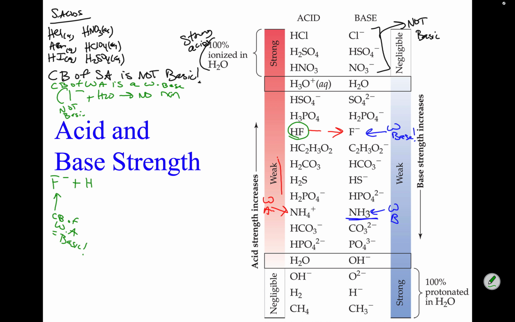So if it reacts with water, am I going to have a forward arrow or equilibrium? Equilibrium. And what does a base do? Accepts a proton. So what is F minus going to turn into? My conjugate acid is HF.